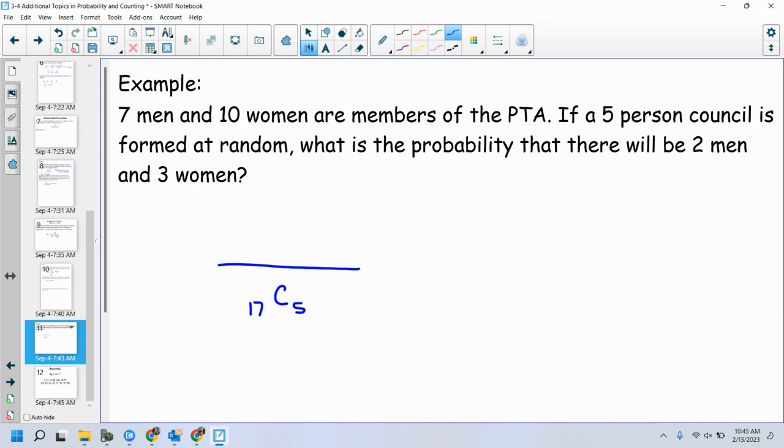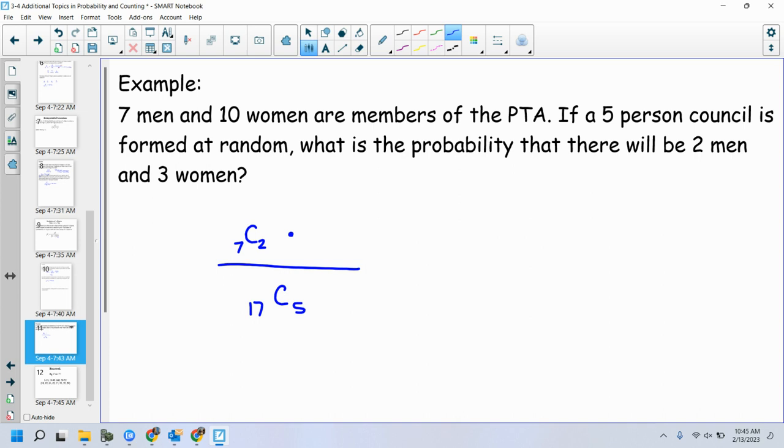Okay. So now I want to know the successful events. I have 7 men. How many am I choosing? 2. And I want to say and, multiplication rule, and I want there to be 2 men and 3 women.